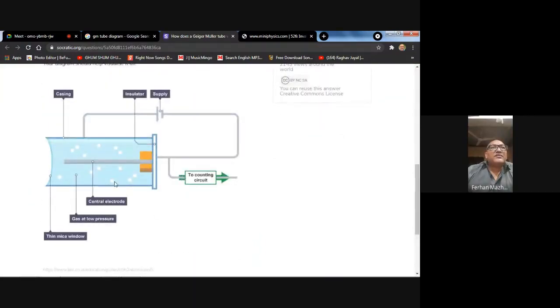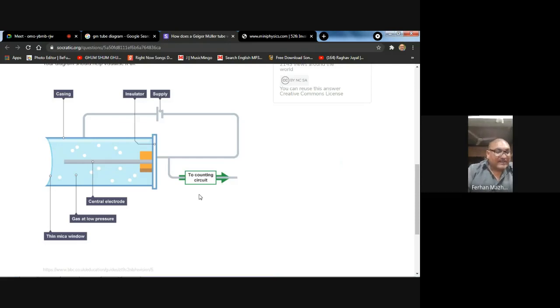You see here we have the central electrode that is positive, gas at low pressure. This is the mica window. This is the casing, and it also acts like an electrode. And this is the supply, and here is the connection to the counting. So you can draw this diagram very easily.